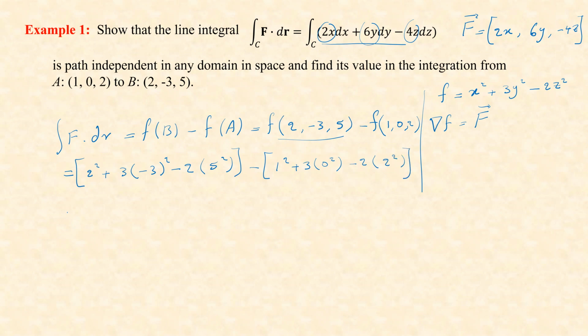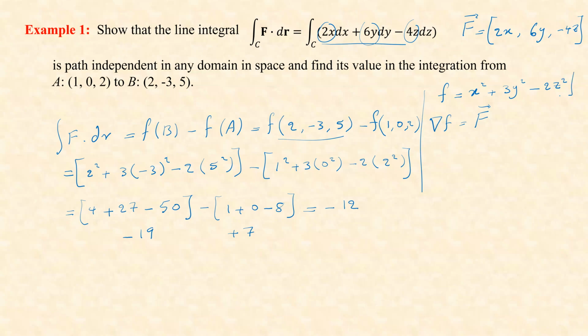This is 4, plus 9 times 3 which is 27, minus 2 times 25 which is 50, minus 1 plus 0 minus 8. So this is negative 7 inside, and minus negative 7 becomes positive 7, and 31 minus 50 is negative 19, plus 7, so it becomes negative 12.